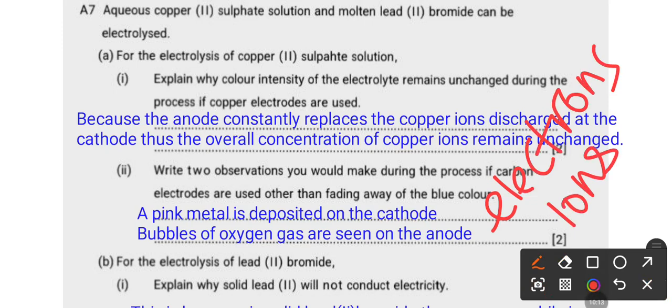There are other charge carriers, but for this syllabus we only have electrons and ions. But in the case of solid lead(II) bromide, these two charge carriers are unavailable. Therefore, there will be no charge carriers to conduct the electricity. That's the reason why solid lead(II) bromide does not conduct electricity.